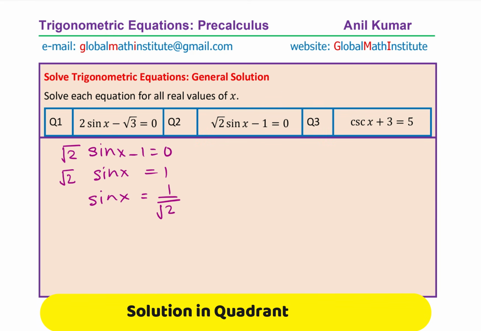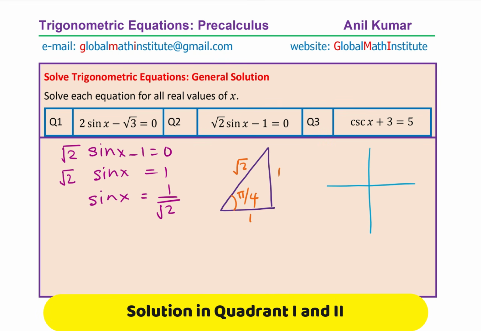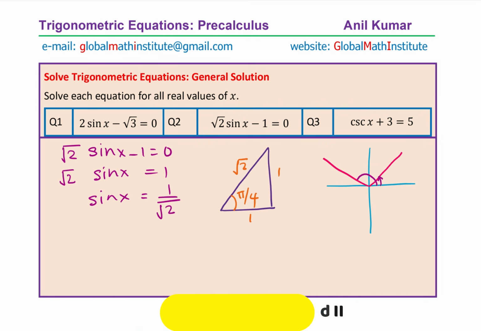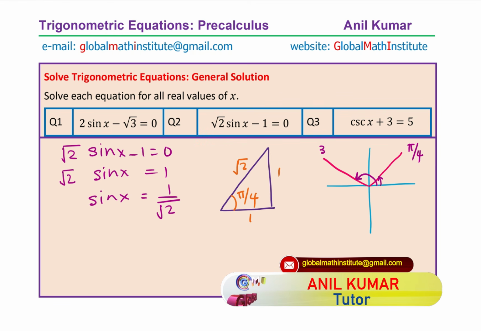So sine x being 1 over square root 2 means we are looking into a special triangle whose sides are 1, 1, square root 2, right? And the angle is pi by 4. As you know, the solution now is in quadrant 1 and 2, pi by 4, right? Those are the angles. And the general solution is all the angles which terminate on either pi by 4 or 3 pi by 4, right?